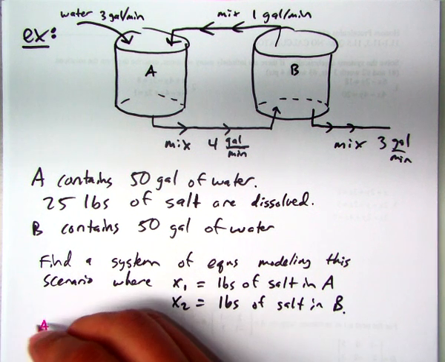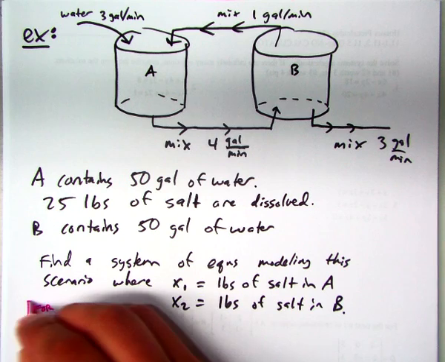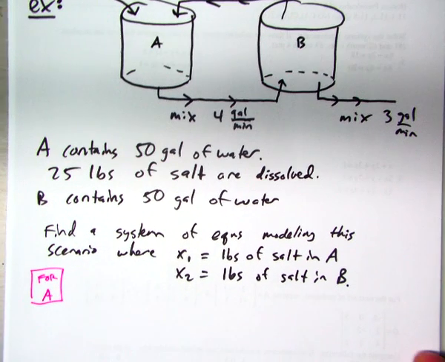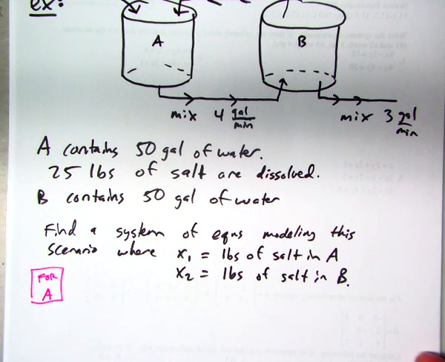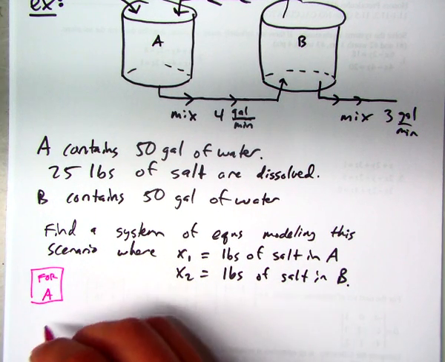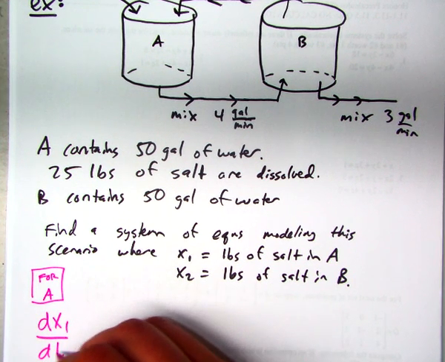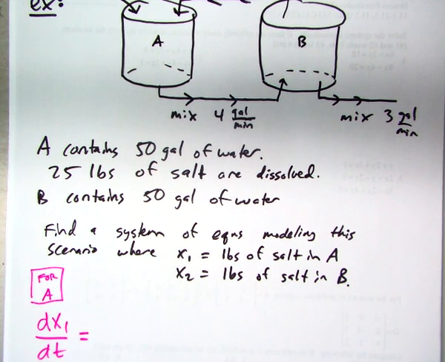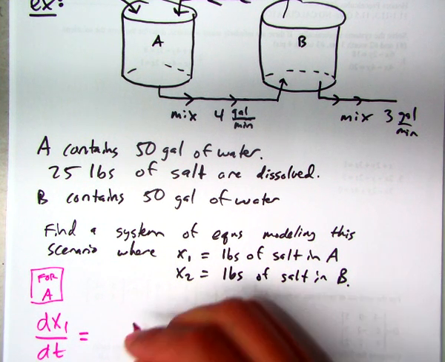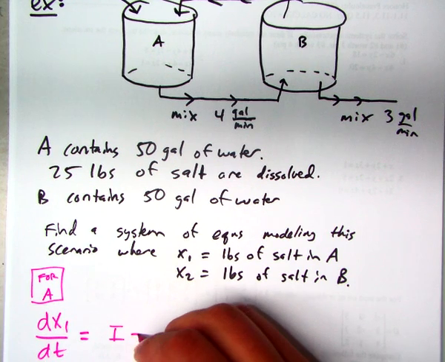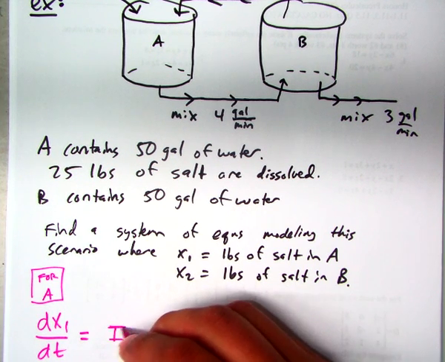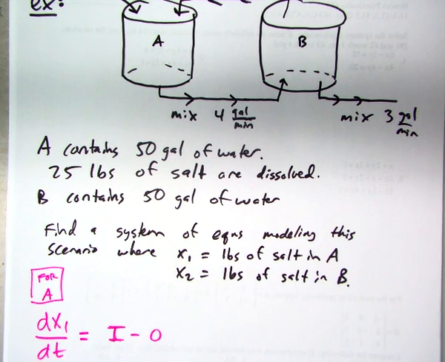So let's look at A first. I think this much should be clear. The rate of change of salt with respect to time is simply going to be the rate of salt coming in minus the rate of salt leaving.